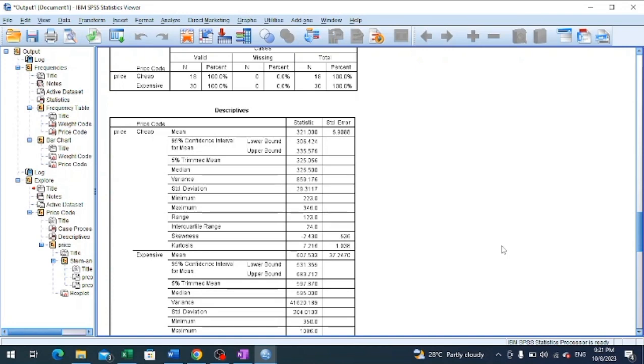it is 7.216. What does the software do? The software computes the kurtosis by subtracting the ideal value of kurtosis, which is 3, from the actual kurtosis of the data. So the actual kurtosis of the data is not given here. Rather, the actual kurtosis minus 3 is given as the answer.